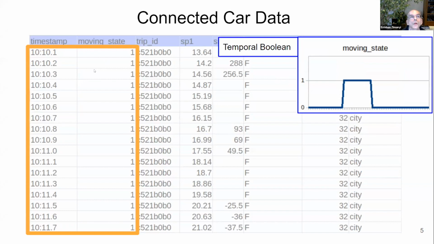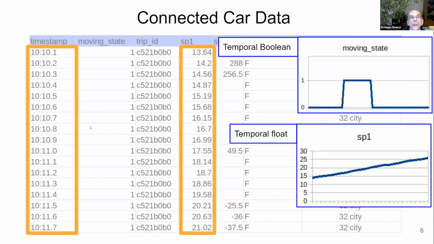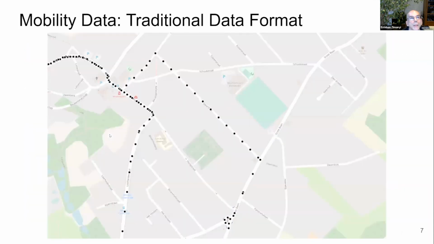We only need to keep the instants in time when the value changes, and if there is nothing, we continue with the previous value. So we can have the same for a temporal float. This is the speed. Each of these temporal signals we represent as a temporal data type in MobilityDB.